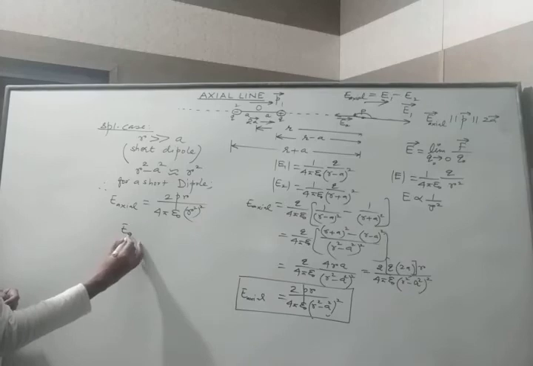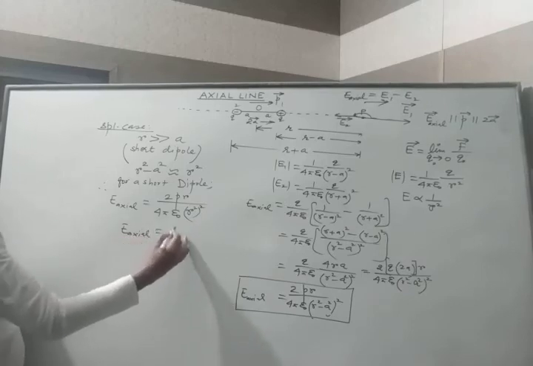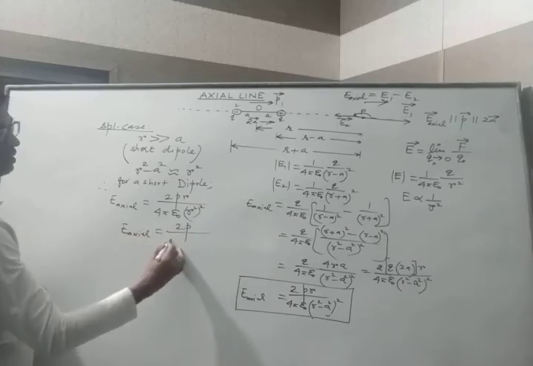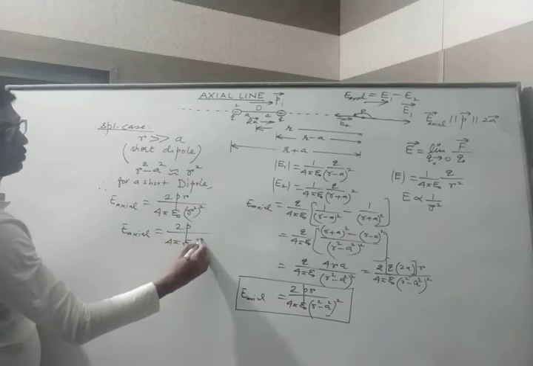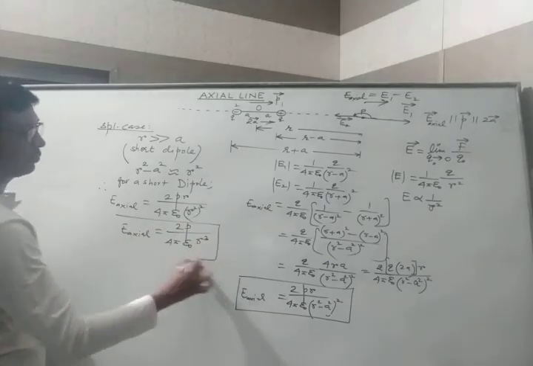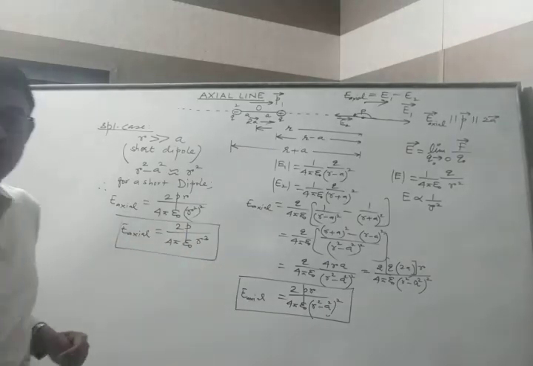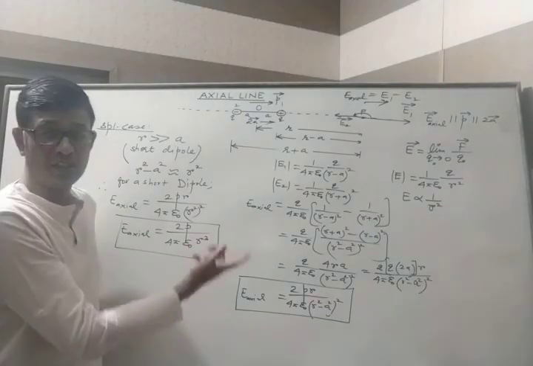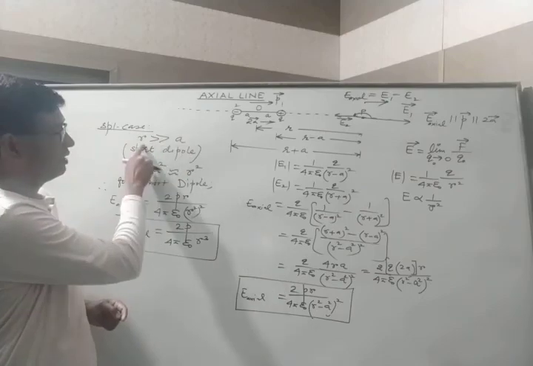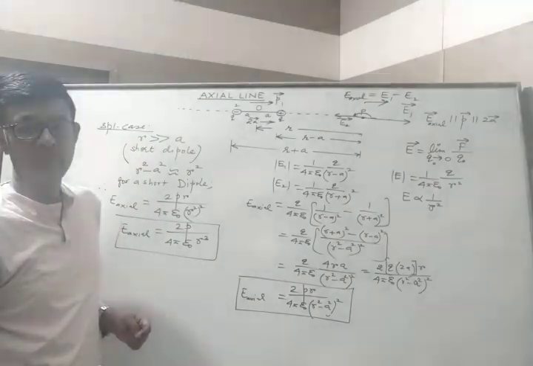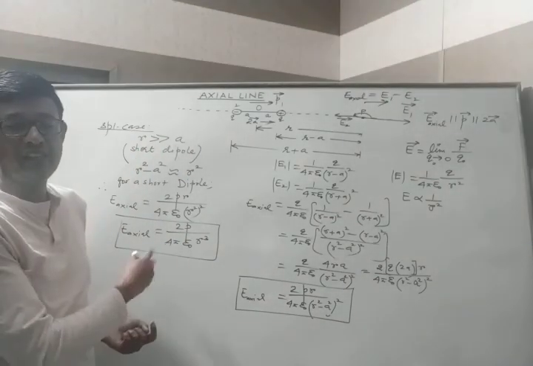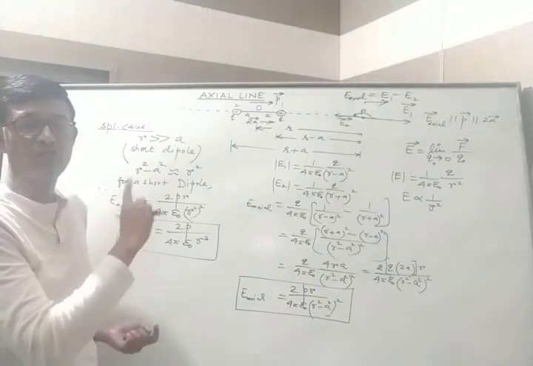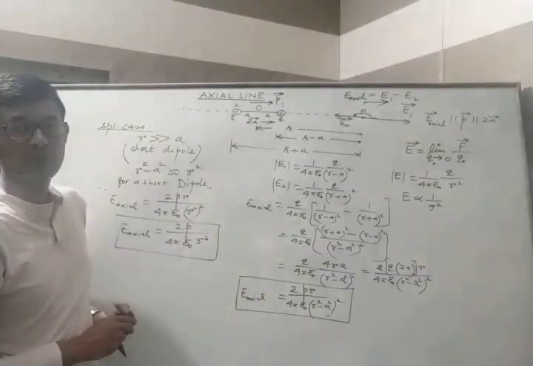So it can further be rewritten in this particular manner: twice P divided by 4 pi epsilon R cube. This is another very, very important expression. But remember, this expression for the electric field will be used only in case of a short dipole, when this condition is valid. The direction remains the same, that is, E axial is always directed from negative charge to positive charge.